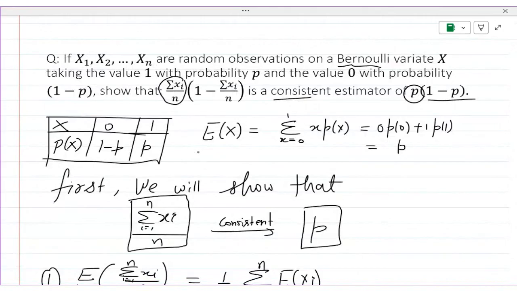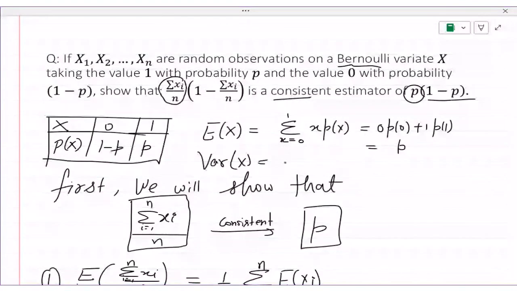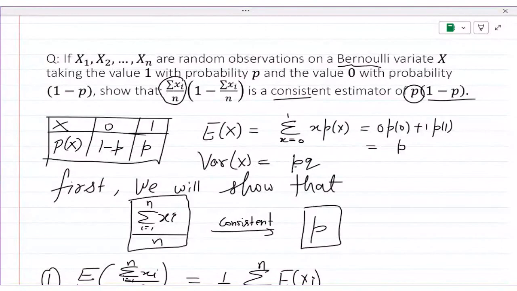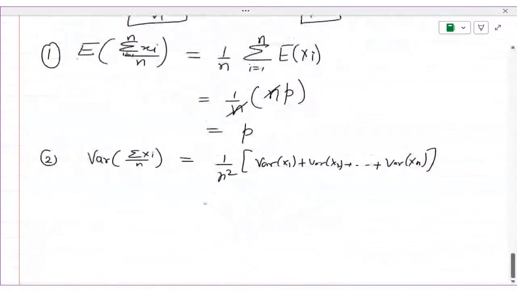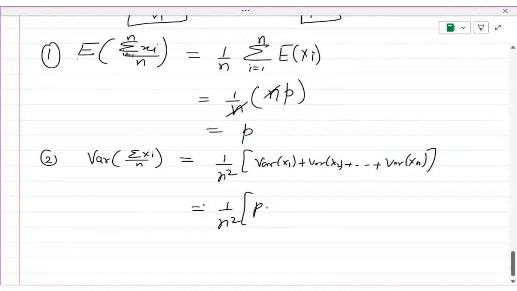In unit 3, we have done the variance of the Bernoulli distribution. That was P into Q, or you can say P into 1 minus P. So you will get 1 upon n square times PQ plus PQ and so on. How many times PQ? n times PQ.